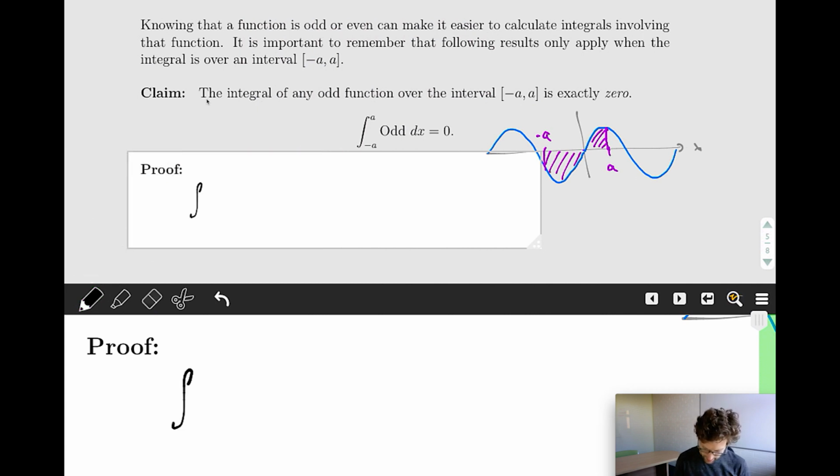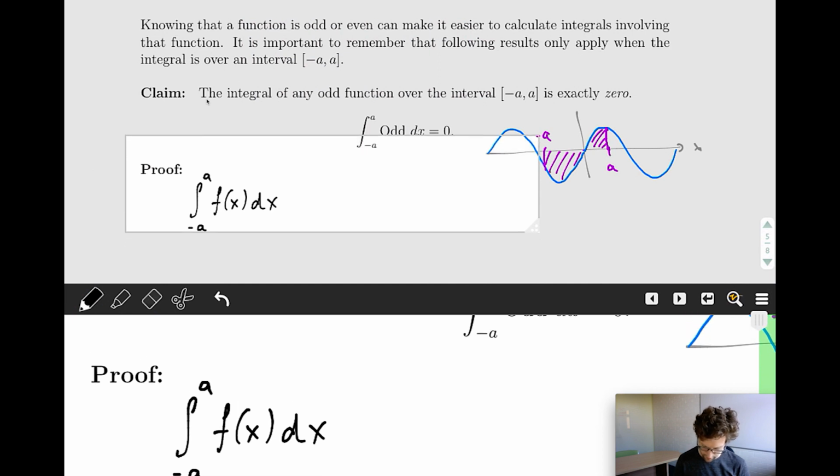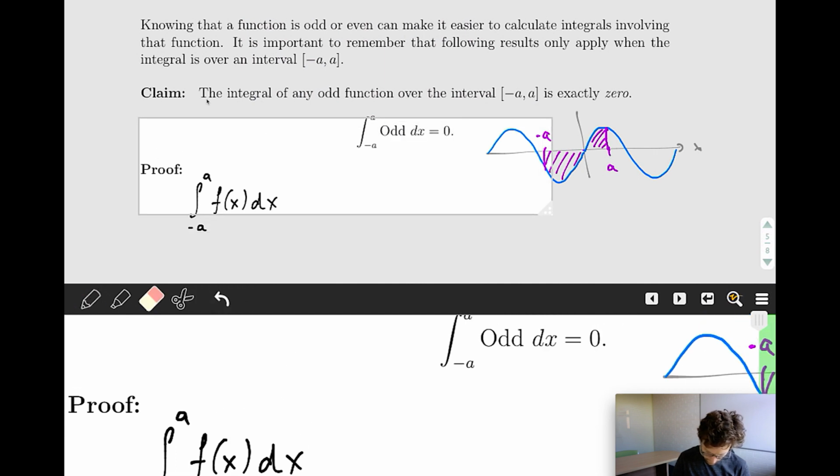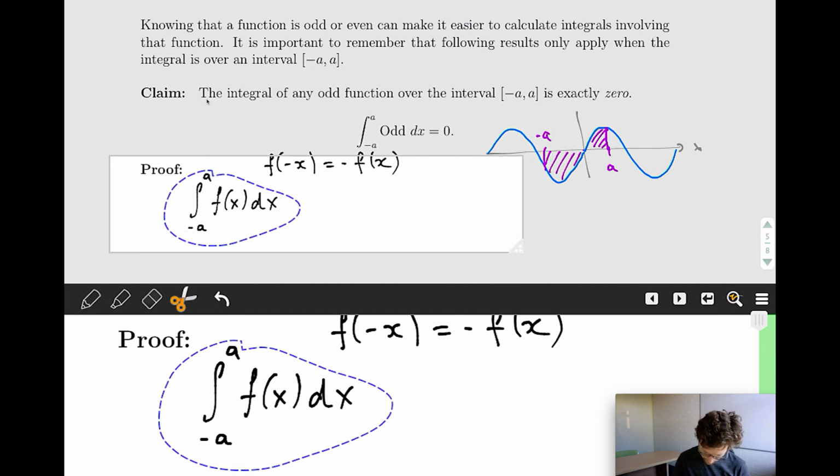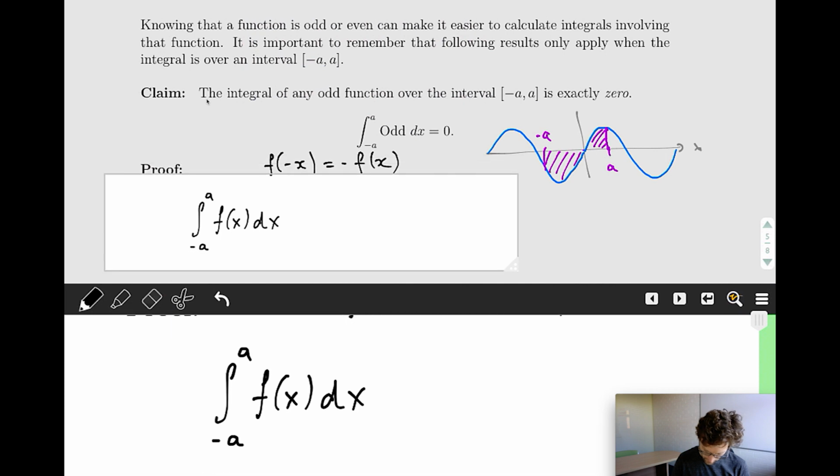So I'm going to integrate from minus a to a of an odd function f of x, where I'm going to use the definition of an odd function, that f of minus x is equal to minus f of x. Okay, so what I'm going to do here is I'm first of all going to notice that I can split my integral up into two pieces.